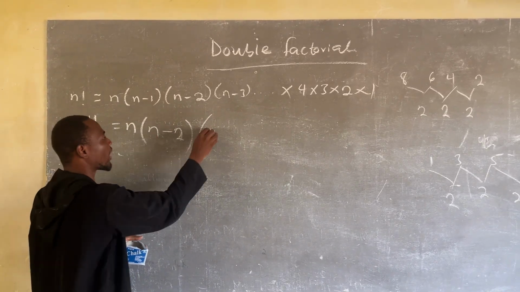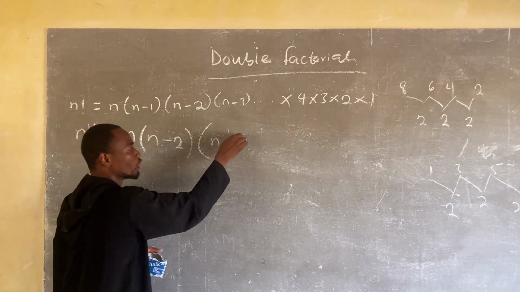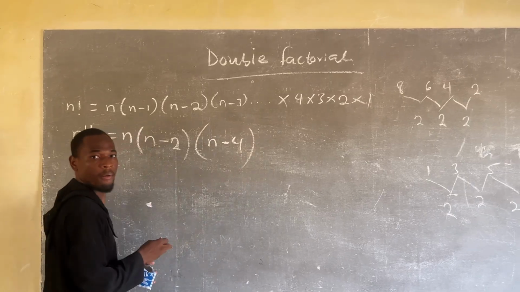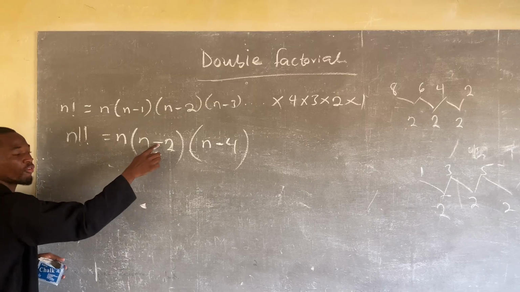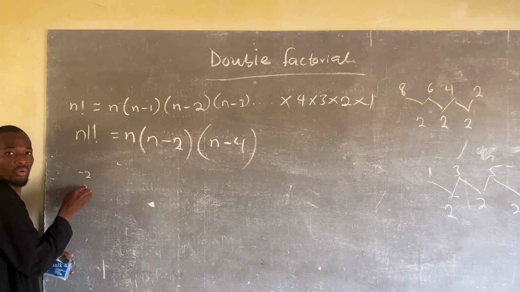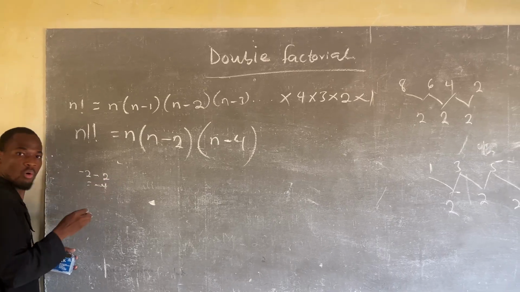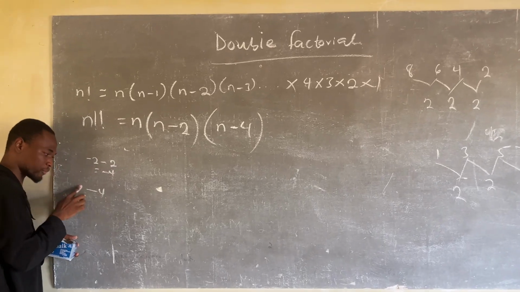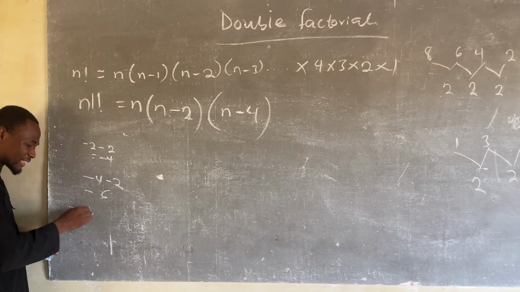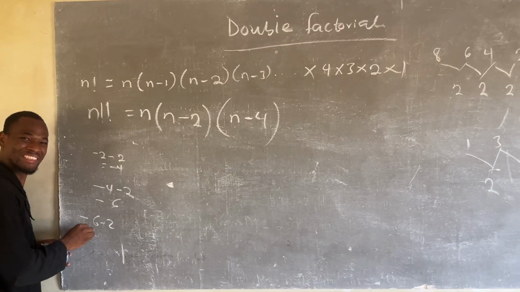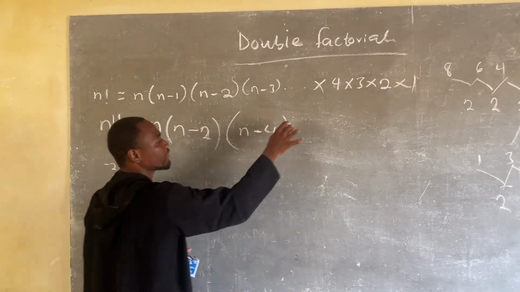So here we have n, then minus 2. When I take 2 from 4, I have 2. When I take 2 from 2, I have negative 2, and so on. Then minus 2 again gives negative 4, then negative 6, then negative 8.